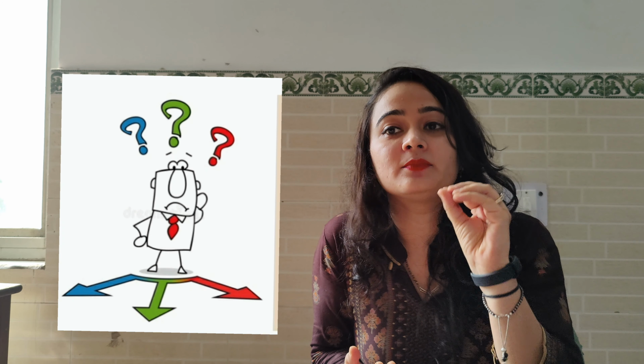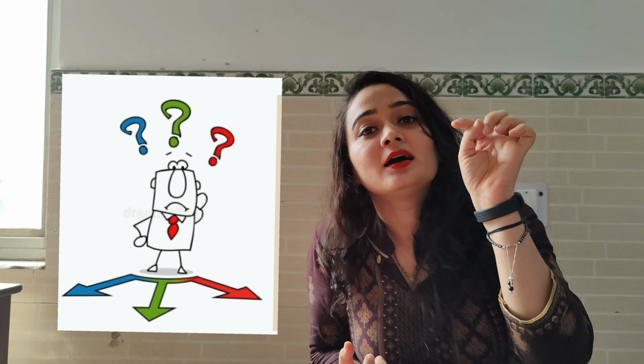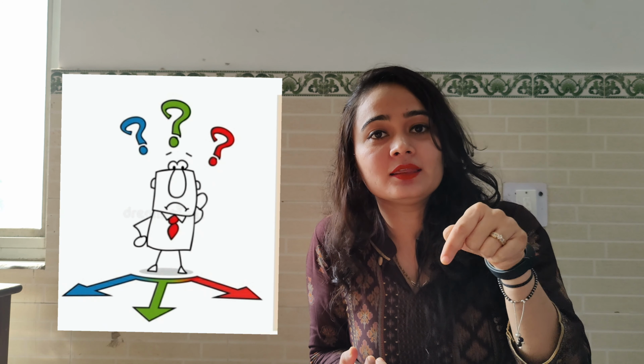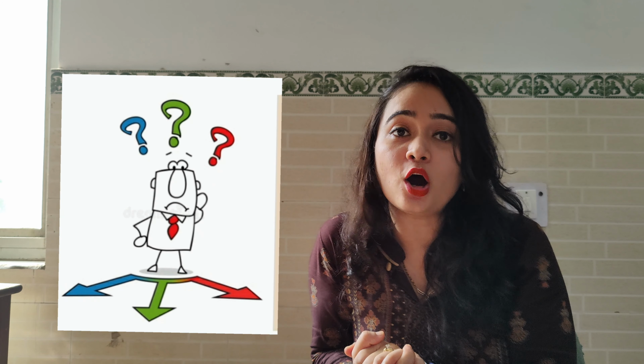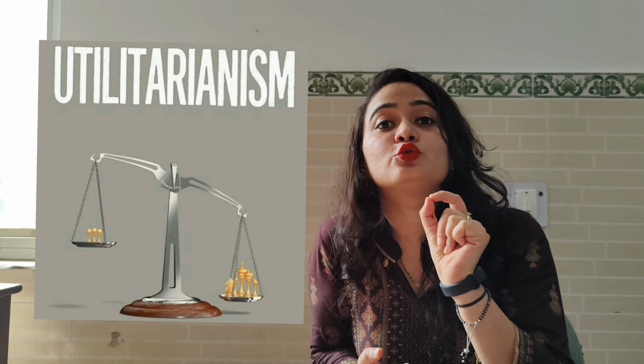I would want you to pause the video. Please write down in the comment box, what do you think according to utilitarianism, where the outcome will be moral only if it is good for a large number of people, if it benefits a large number of people.